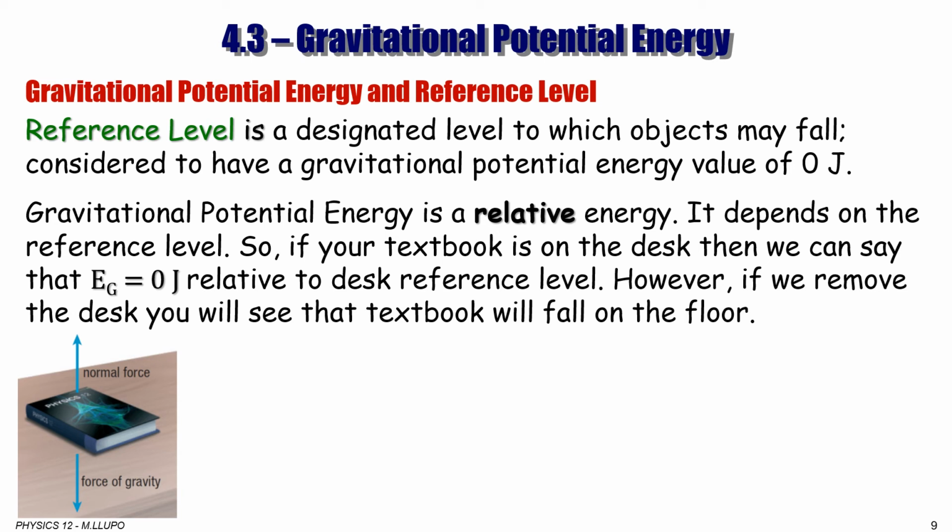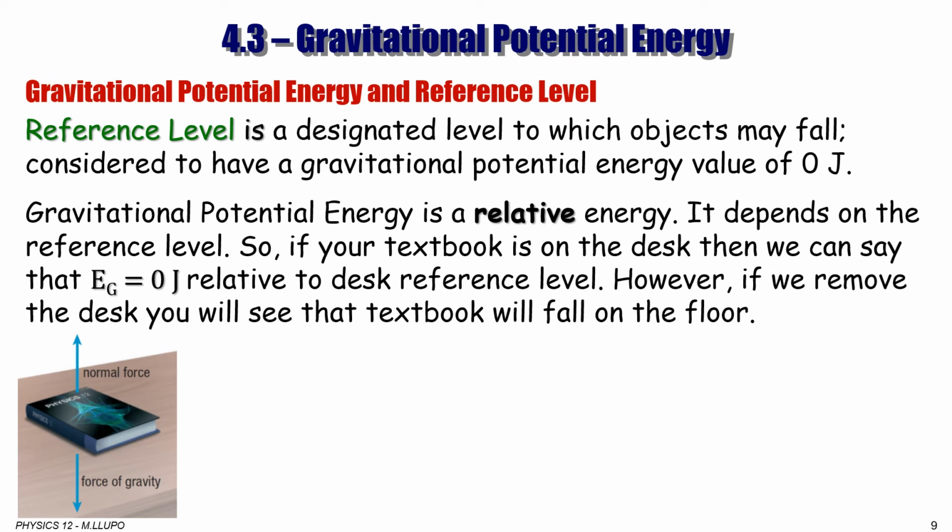So gravitational potential energy is transformed to kinetic energy because it's moving, and then it's going to transform into sound energy and heat energy, thermal energy. So you see the energy transformation right there.